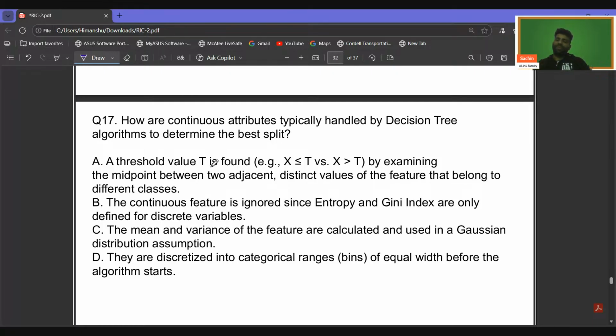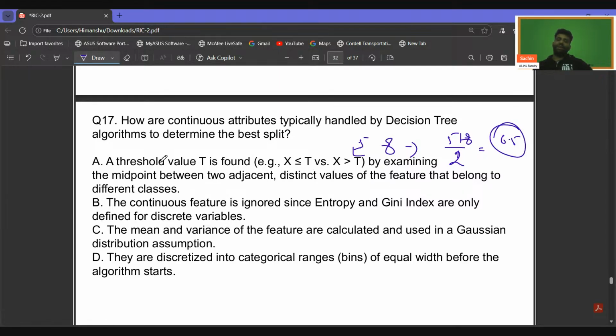For example, if I had 5 and 8, I'd look at 5 plus 8 by 2, some value in between. That would be 6.5. So if I had a value of 5 or something less, and 8 or more, and want to choose a threshold between these two, it is going to be the average of these, which is 6.5.